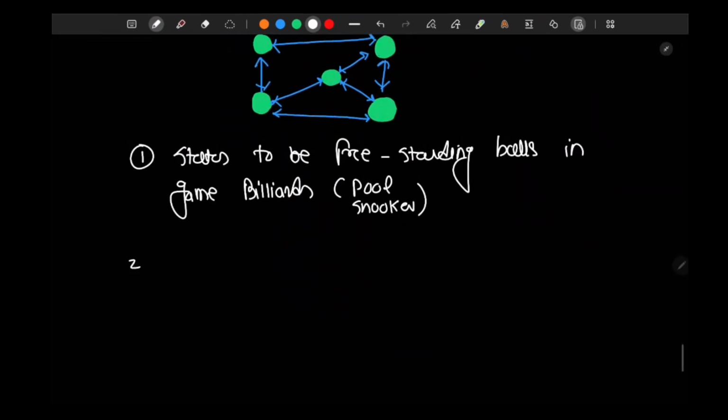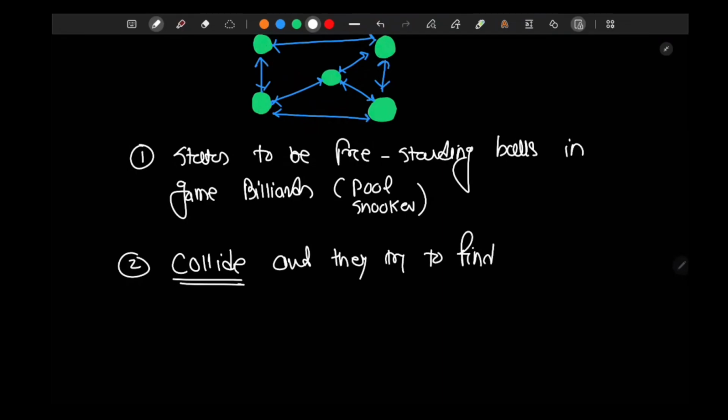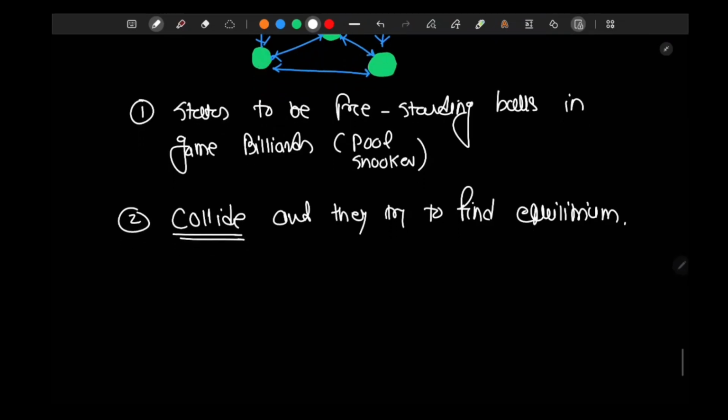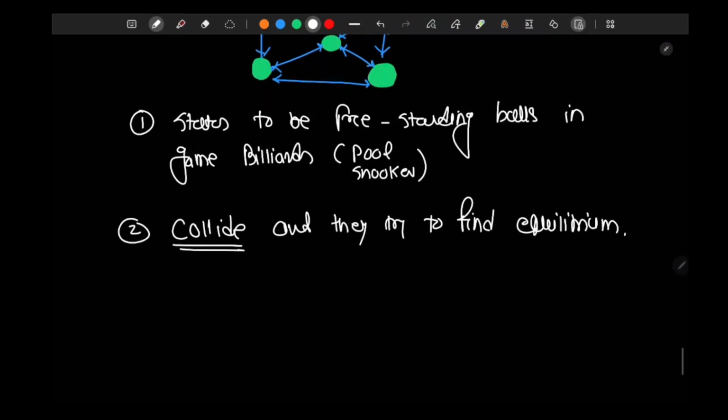They hit each other, they collide with each other, and they try to find equilibrium.